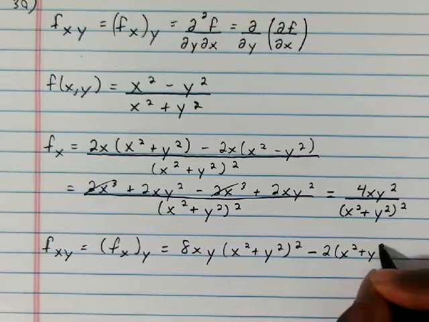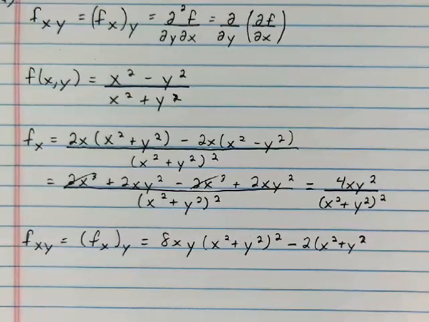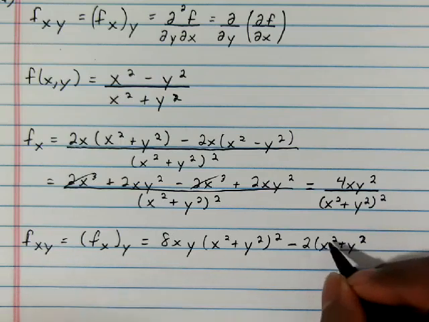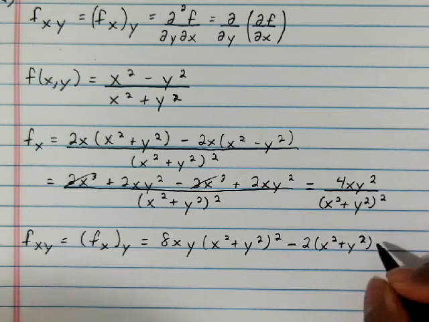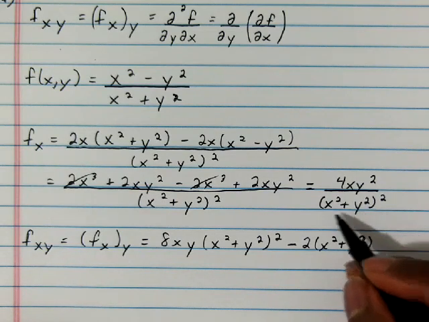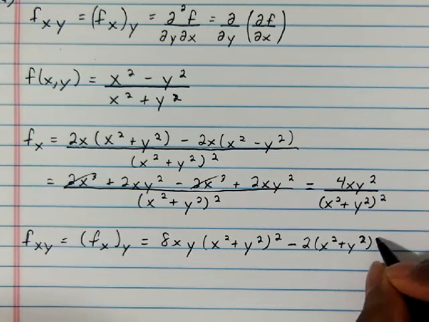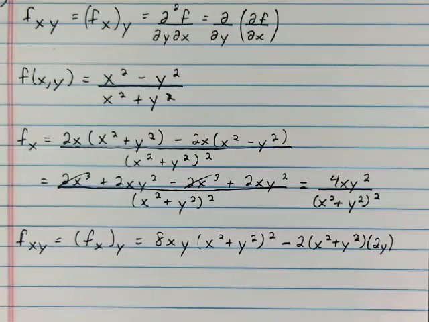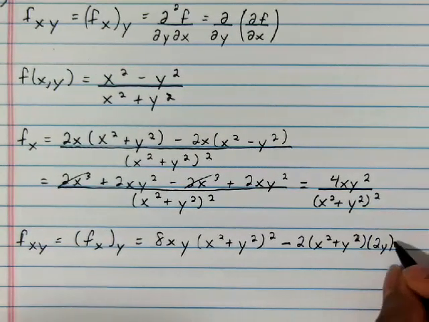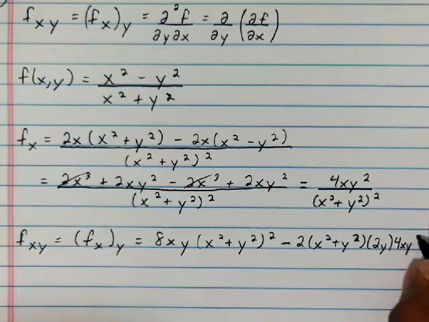I don't think this is going to fit on my page. Sorry about that. Negative 2 times the quantity x squared plus y squared, raised to the first power, and then times the derivative of the inside with respect to y, which is 2y, and then times my numerator, 4xy squared.